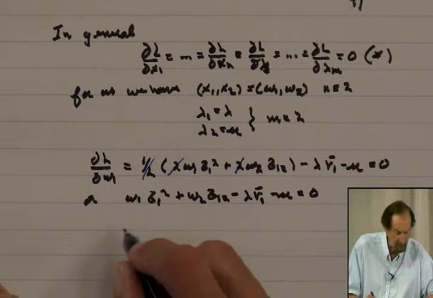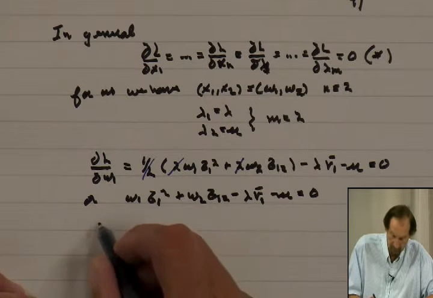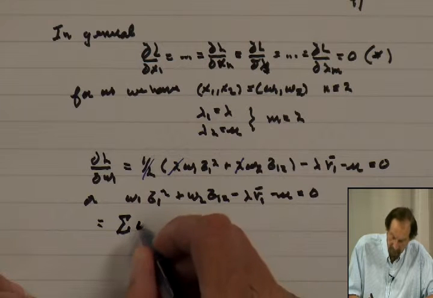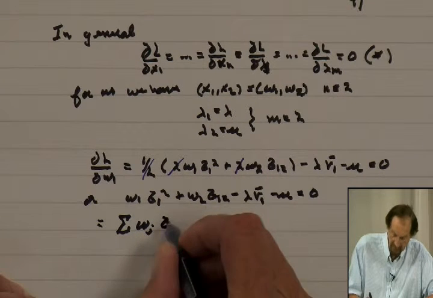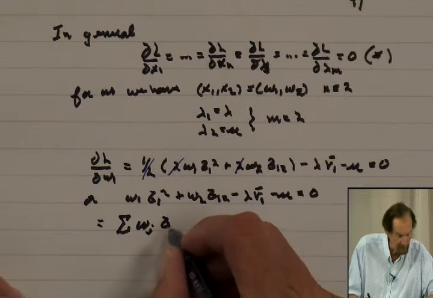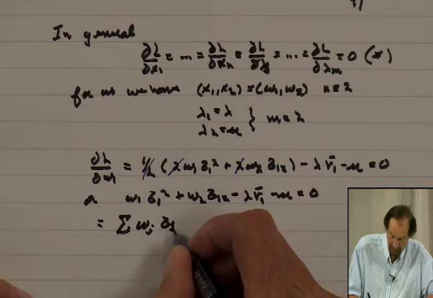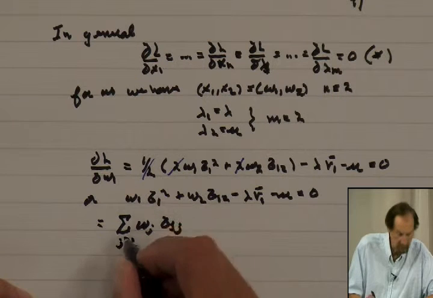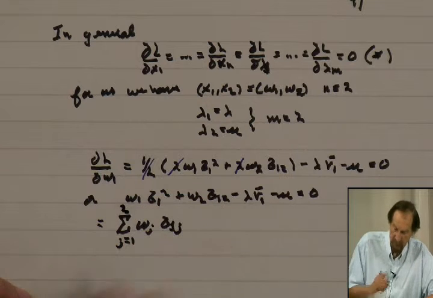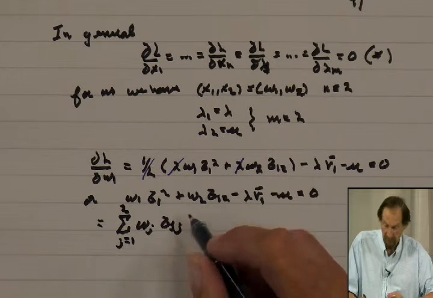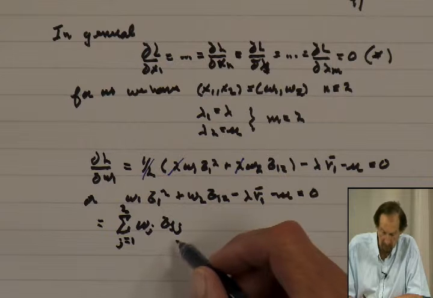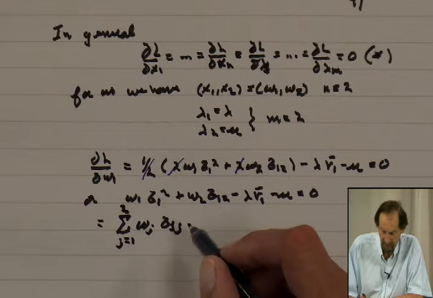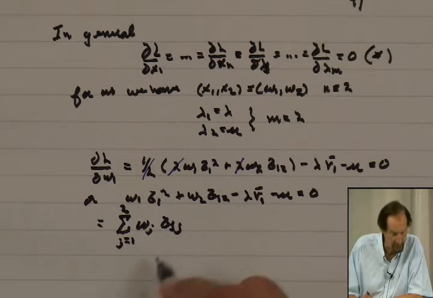And let's write this as the sum of the Wj sigma 1j over j equals 1 to 2, because if j equals 1, then we just get the sigma 1 squared, the variance. If j equals 2, we get that covariance term here.